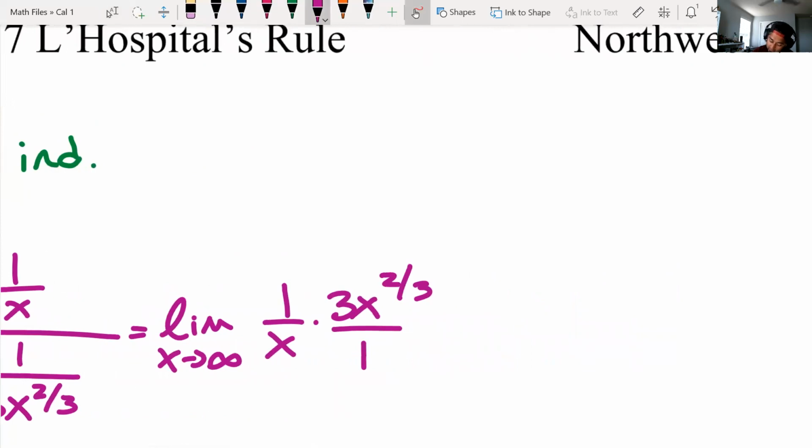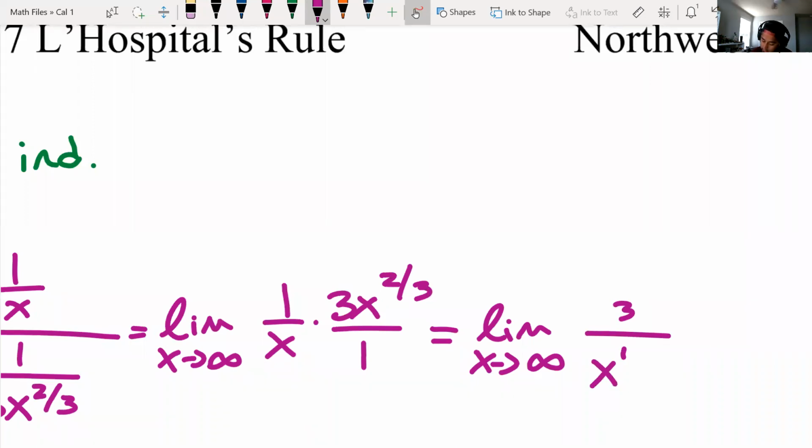Simplify again, and you get the limit as x approaches infinity of 1 over x times 3x to the 2/3. You'll subtract 2/3 minus 1. So this means that we are going to get 3 over x to the 1/3.